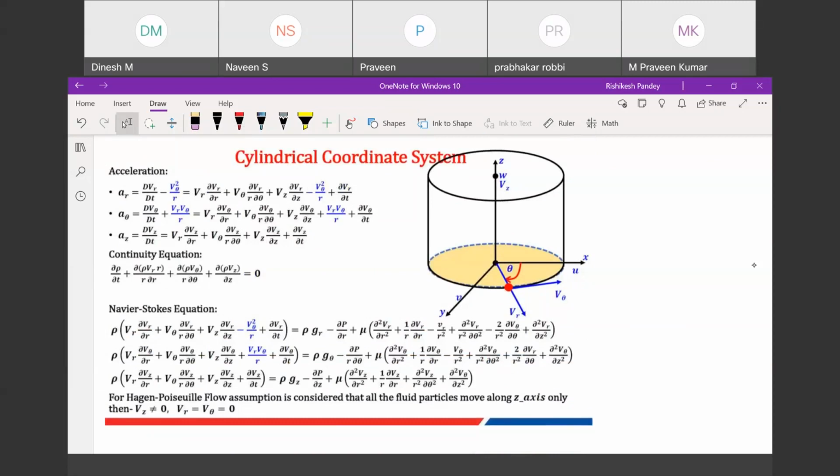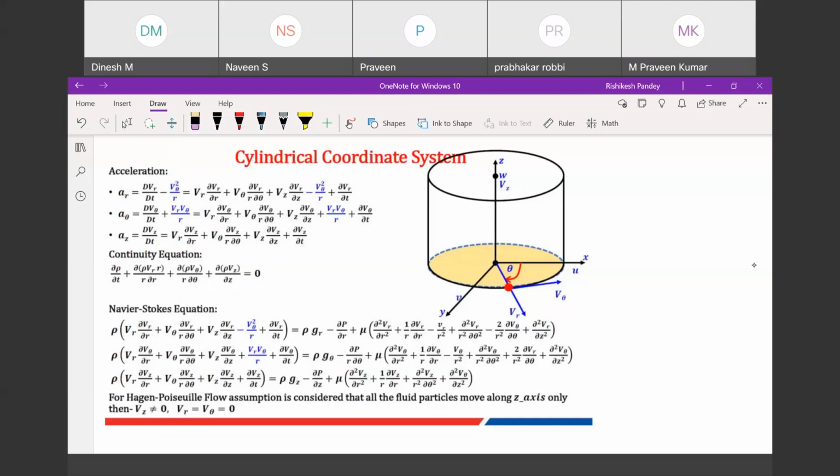First, we'll have to see the cylindrical coordinate system. We'll not go into detail. I'm just telling you, like for acceleration, we have studied the acceleration equation. So these three represent acceleration in cylindrical coordinates. This equation represents the continuity equation in cylindrical coordinates, and these three equations represent the Navier-Stokes equation in cylindrical coordinates.